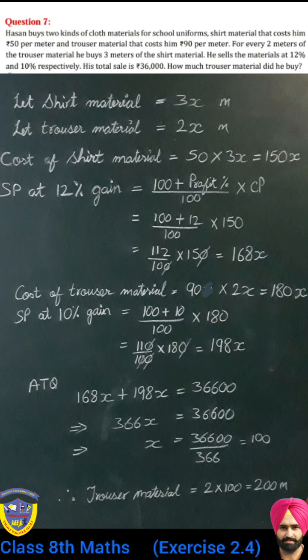Now according to the question, the selling price of both the materials is equal to 36,600. After calculation you will get x value is equal to 100. Put that value here, you will get trouser material, that is 2 into x, means 2 into 100 is equal to 200 meter length of trouser.